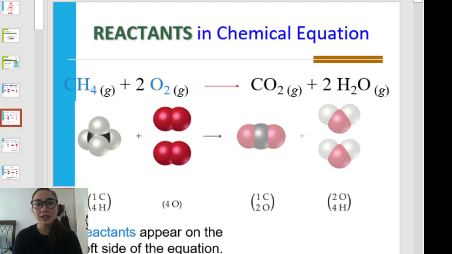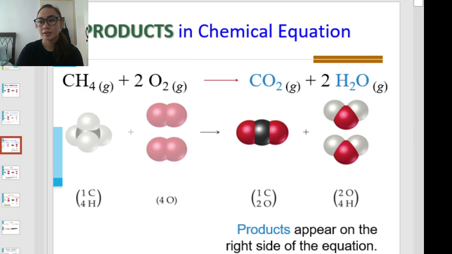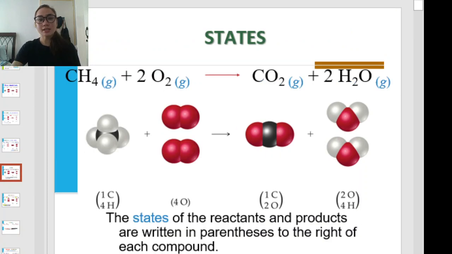So again, just a review. Reactants. Sorry, I'll just move my camera. Our reactants appear on the left side of the equation. So this is it. And we have the products, which are always on the right side of the equation. Next, the states of the reactants and products are written in parentheses.